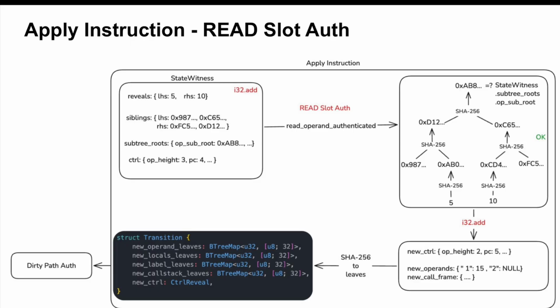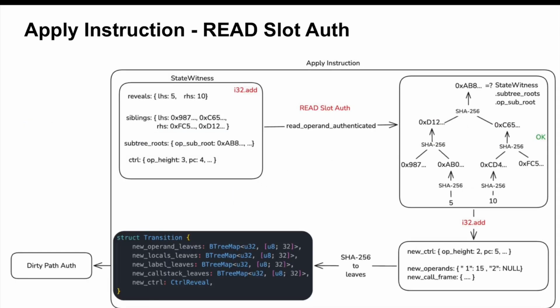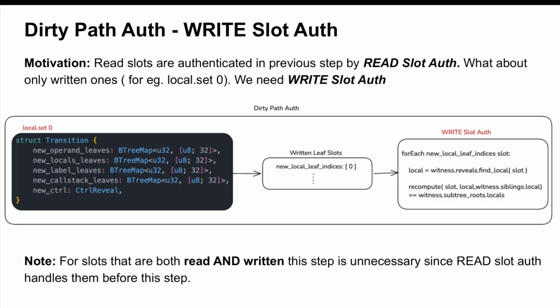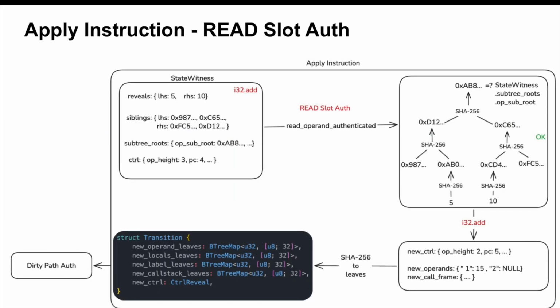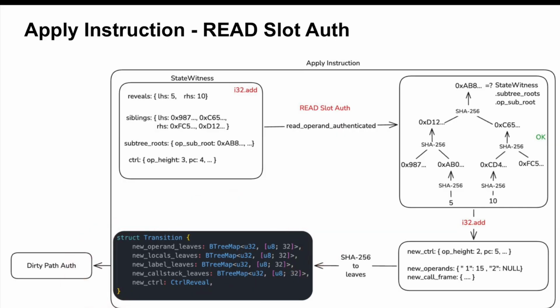Why? Because you could sneak in any values in the slots that we write on, because we don't authenticate them, and it's going to give us a different subtree because we don't authenticate them during the process. So in order to prevent this, this transition object also includes the new leaves that we write on as well.